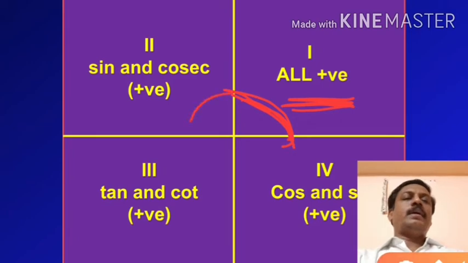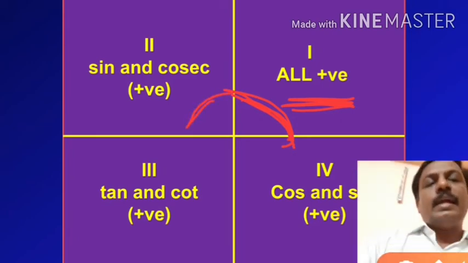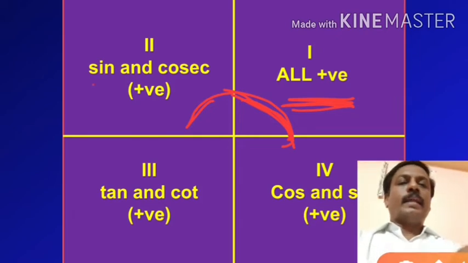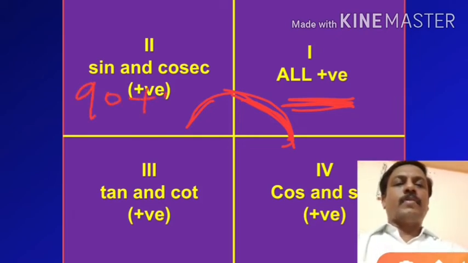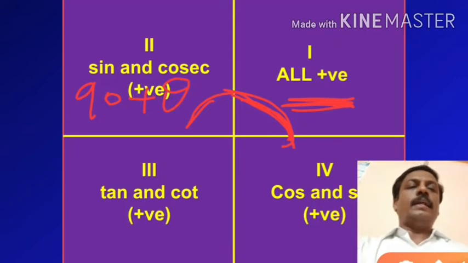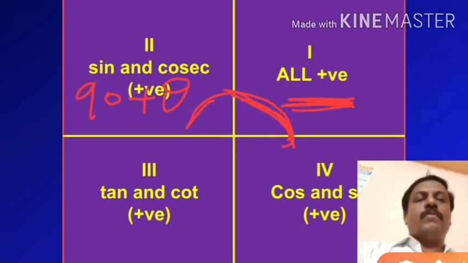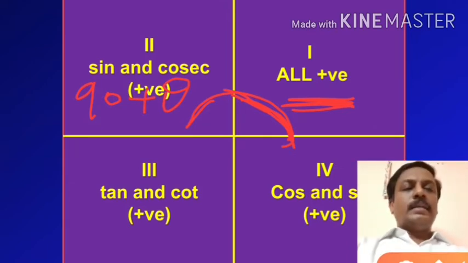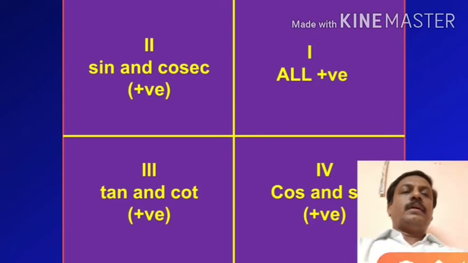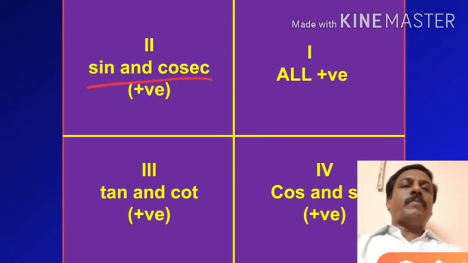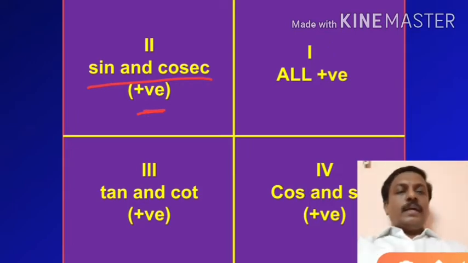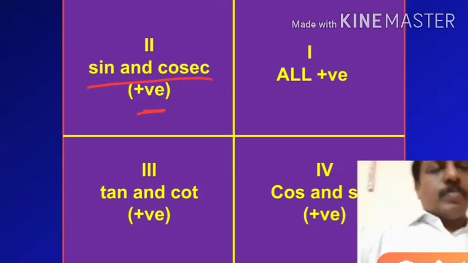And here it will be more than 90 and less than 180. So we can write it in this form: 90 plus theta. If the angles are more than 90 degree and less than 180, then only sine and cosec will be positive. In the second quadrant, only sine and cosec are positive.